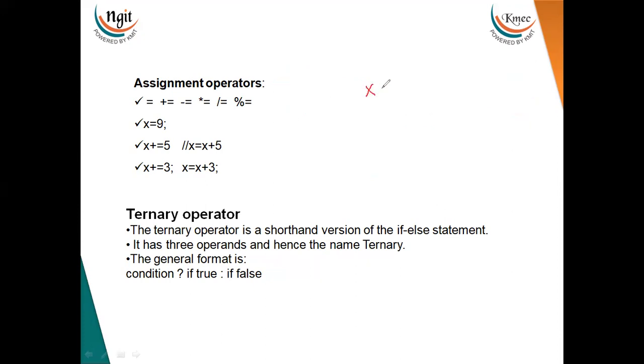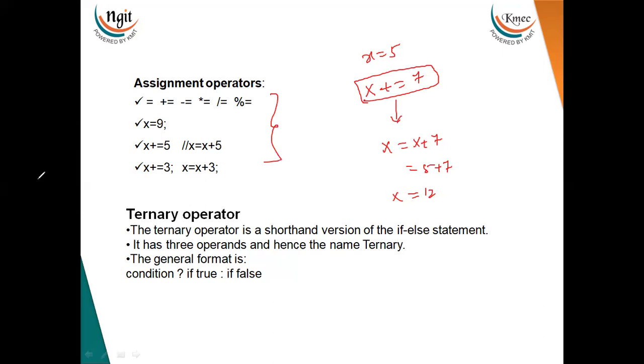What about x plus equal to 7? Let's say the x value is 5. x plus equal to 7 can be rewritten as x equal to x plus 7. With x as 5, 5 plus 7 will be 12. This is how you utilize the shorthand or assignment operators.